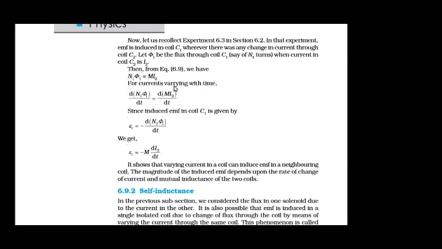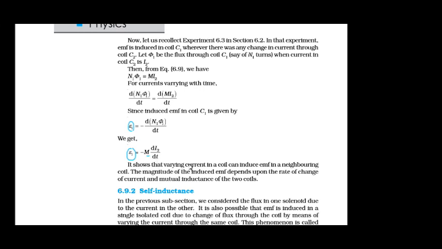For the current varying with time, d(N1 Φ1)/dt is equal to M dI2/dt. Since the induced EMF of coil C1 is given by minus d(N1 Φ1)/dt, we can write E1 is equal to minus M dI2/dt.